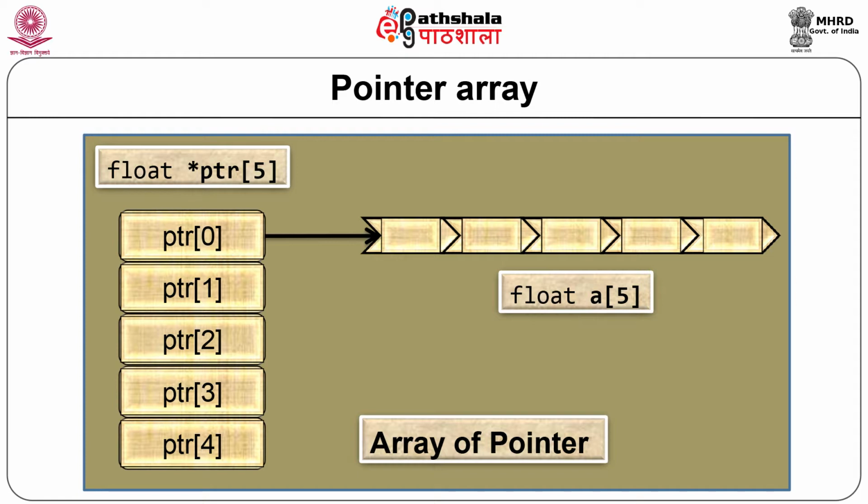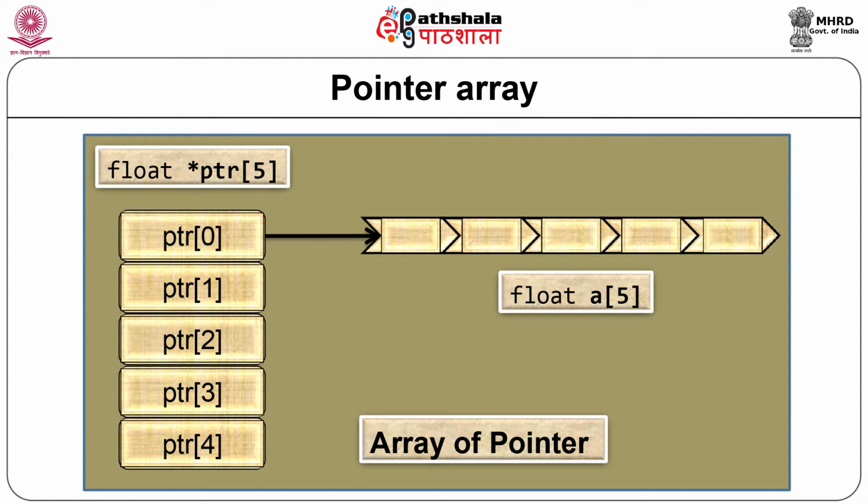Now, we are putting these pointers into the array. You can see the syntax float *pointer[5]. It means there are 5 elements, the size of pointers is 5, and we are entering these pointers into the array, and therefore we are saying float a[5], meaning 5 elements of the array.